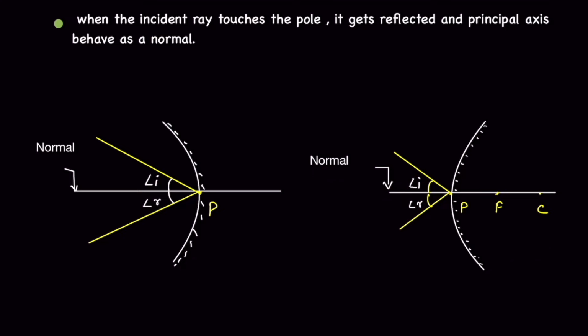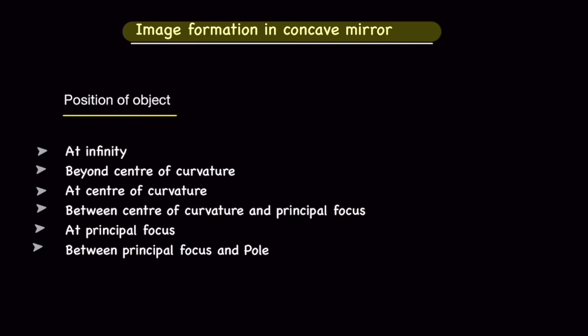Now we will use all these four rules in image formation of the spherical mirror. In image formation of a spherical mirror, first we will see the image formation in a concave mirror.